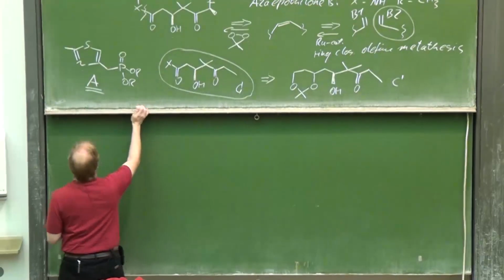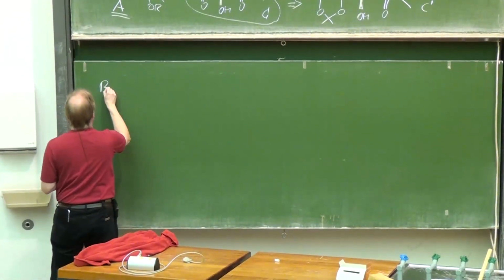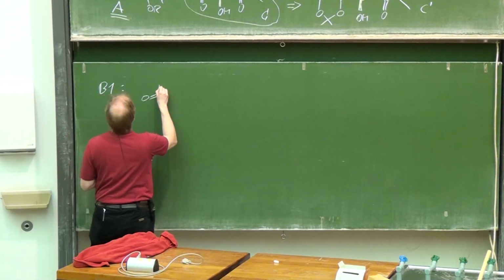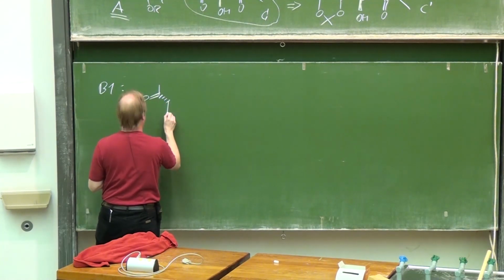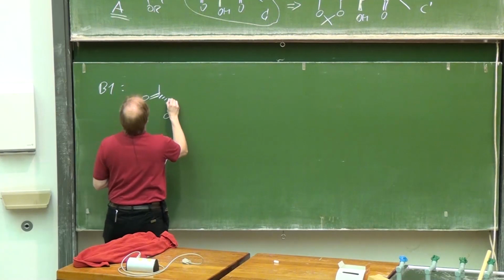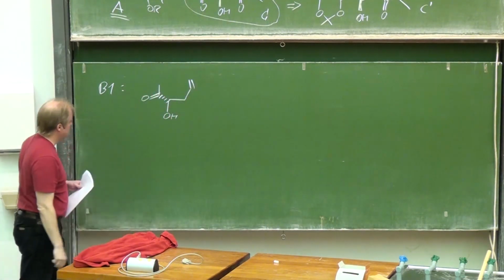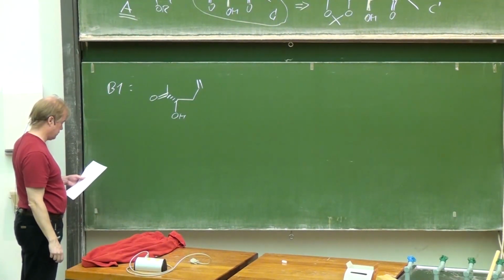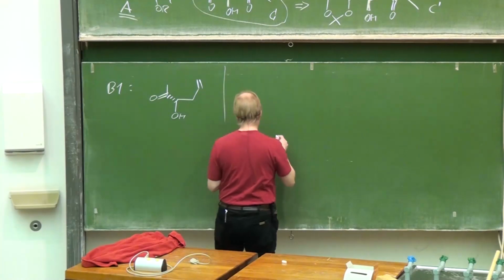So, let's draw B1. Carbonyl group there. That's it. That's all. So, I'm going to outline the synthesis of B1.